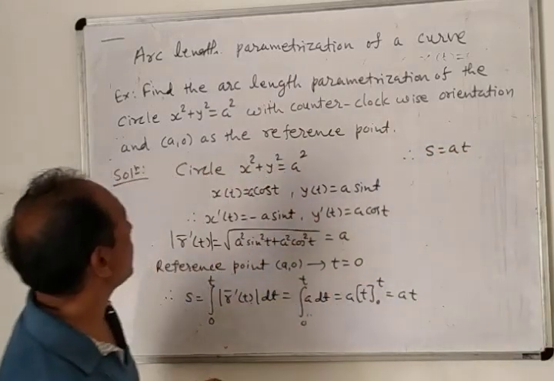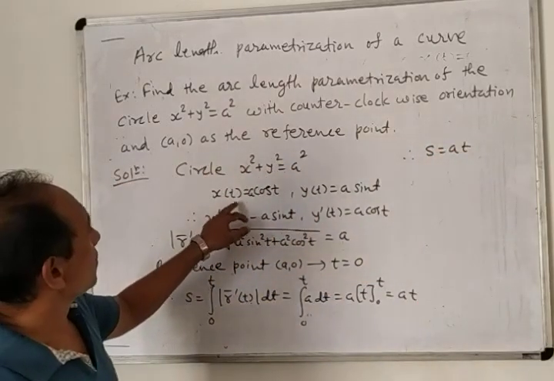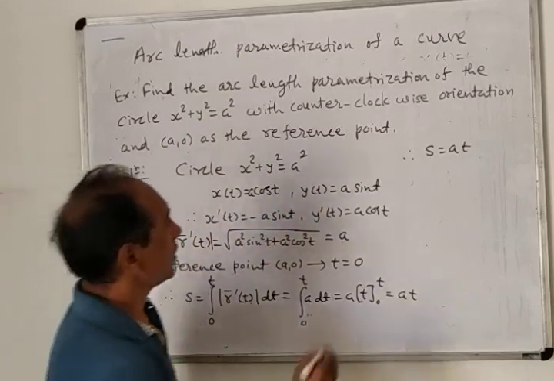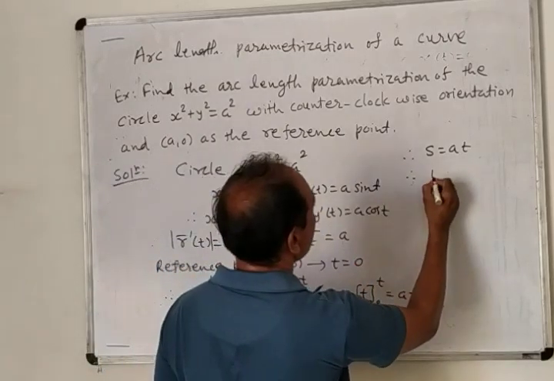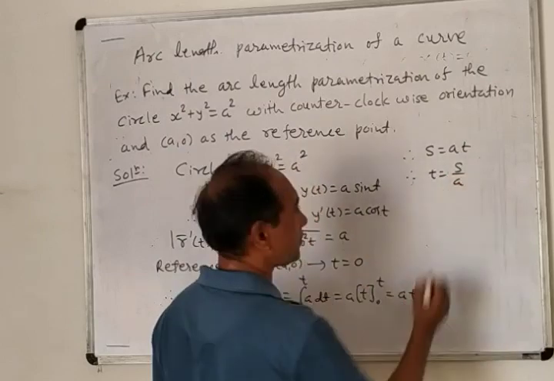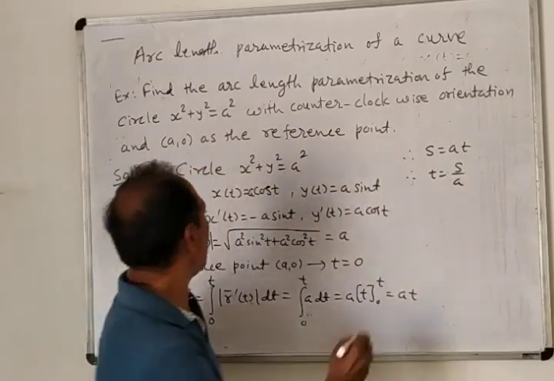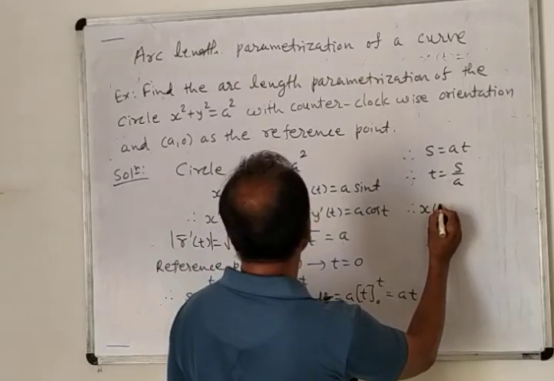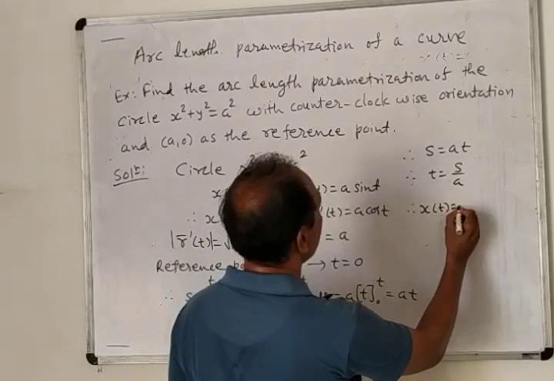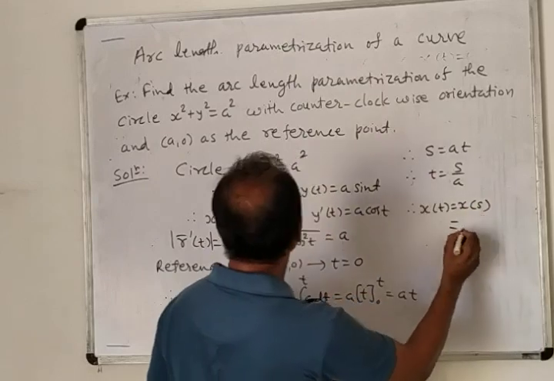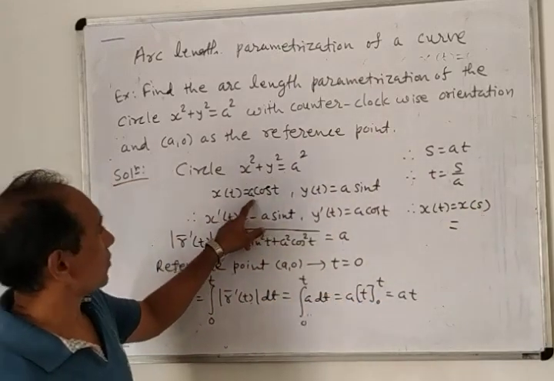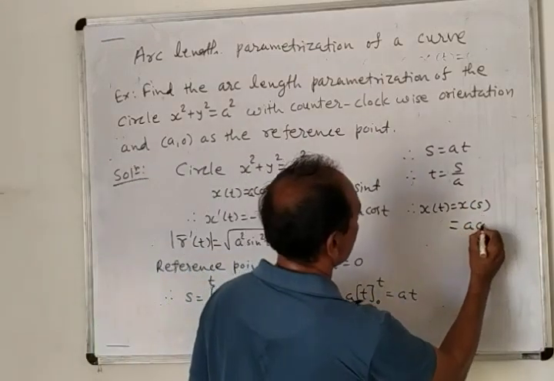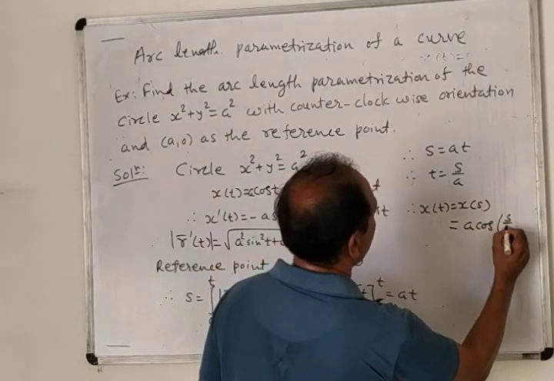Now we want to find the parametric equations of this curve in terms of s. Therefore we have t equal to s upon a. So we can obtain x(t) equal to x(s). Here we put t equal to s upon a, so a into cos of s upon a.